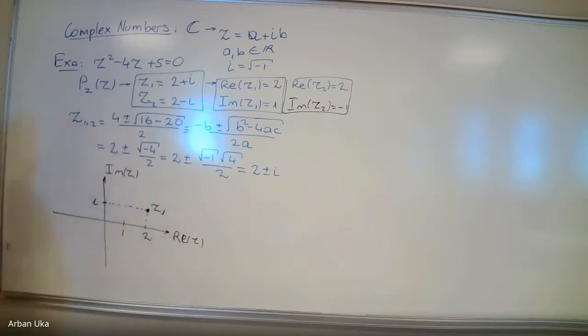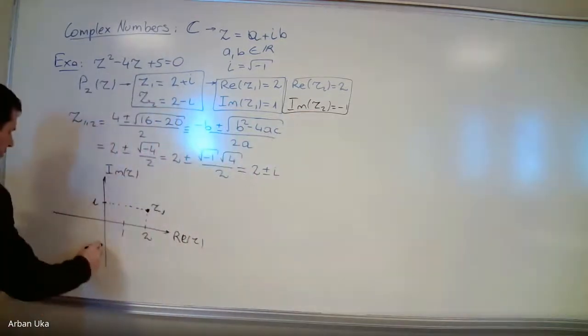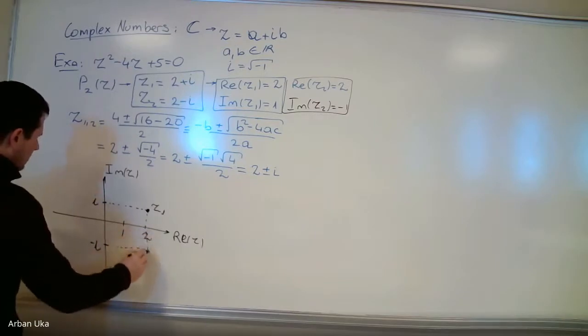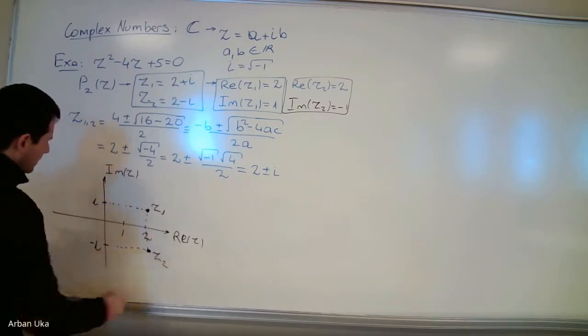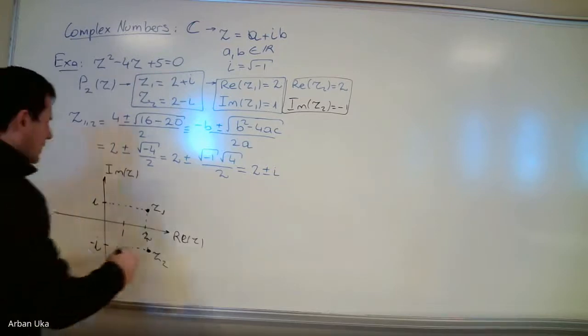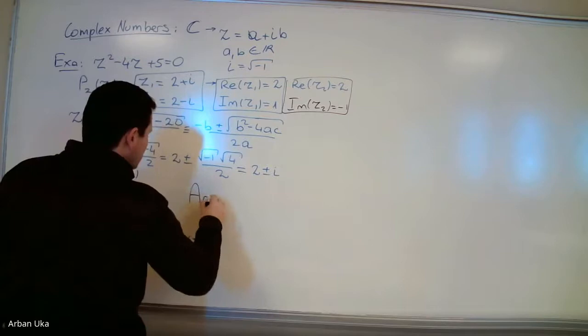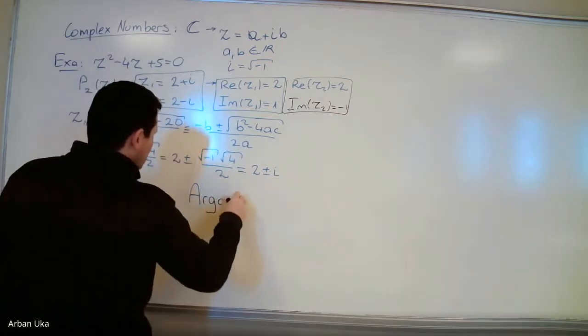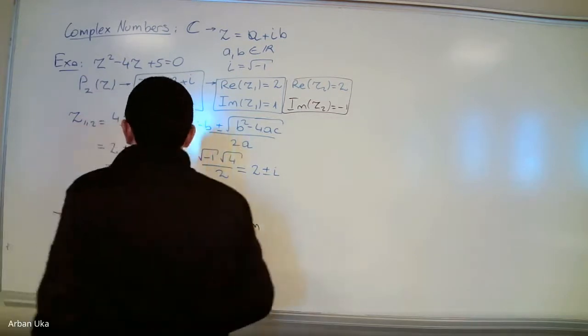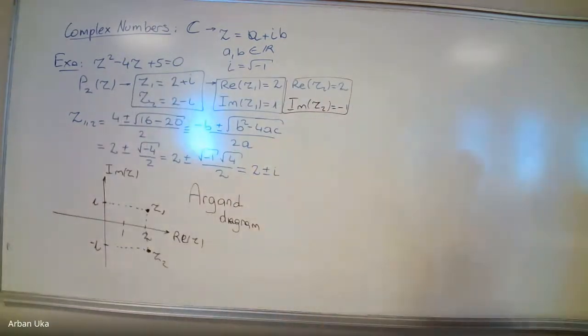The imaginary part of z2 is equal to -1, so this denotes minus i, and this point is z2. This is called an Argand diagram. I often forget this one. It is not very essential, but this is called the Argand diagram.